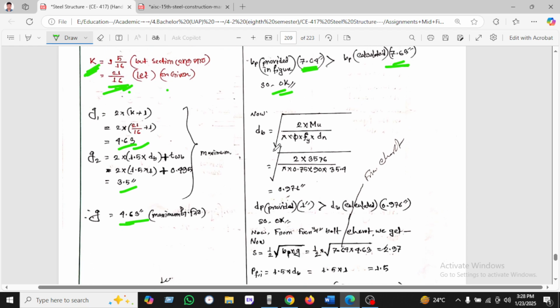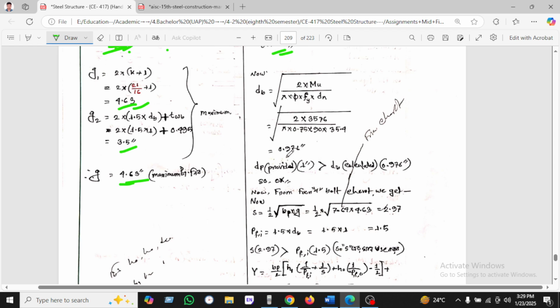Now we calculate db equals root over 2 into Mp divided by phi fy into dn, and found 0.976. We have provided 1 inch, but we have calculated 0.96, so it is okay also.